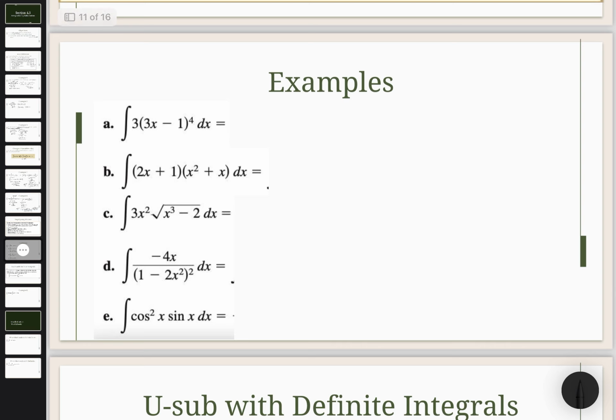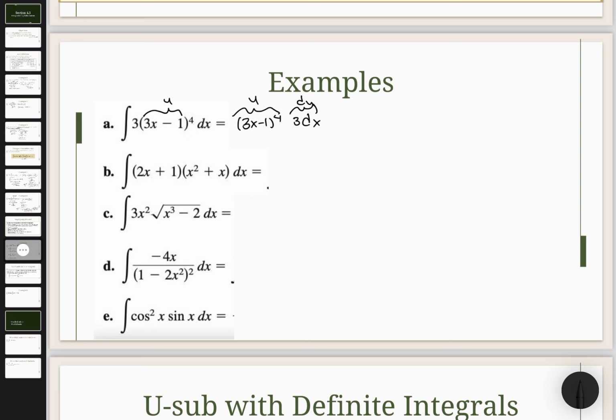So for A, what should we say u is equal to for this one? Well, I think this right here should probably be u. So this whole thing would get rewritten as, the 3x minus 1 to the 4th, that's u. And the 3 dx, that's du, right?